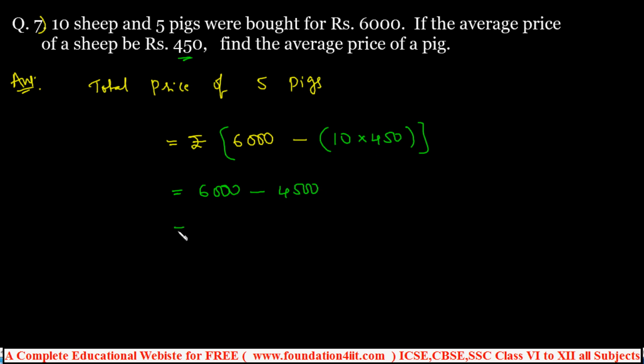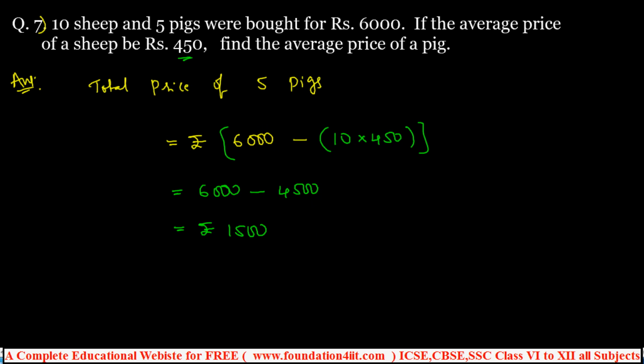Subtract 6,000 minus 4,500, which is rupees 1,500. It's clear, because they gave the average price of the sheep, so the total cost of the sheep is 4,500, and the remaining 1,500 is the cost of the pigs.